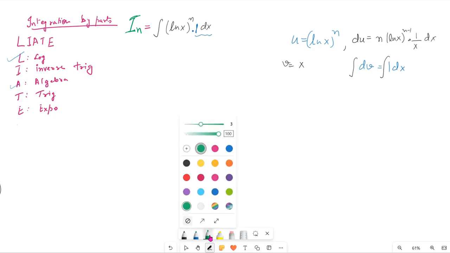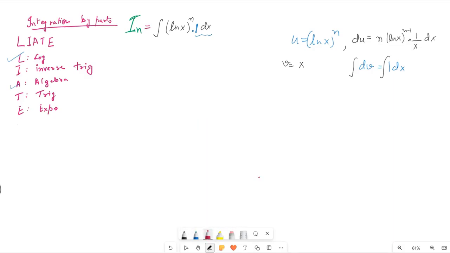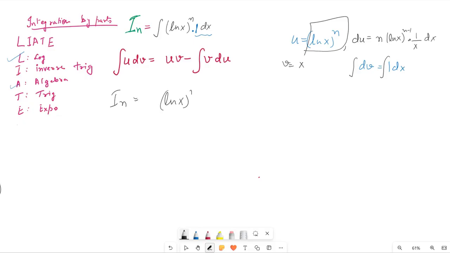Our integration formula here is the integral of u dv is equal to uv minus the integral of v du. That means my I_n, which I named the original integral, is u, ln x to the power n, times v, which is x. I'm going to write it in the front, it looks nicer.